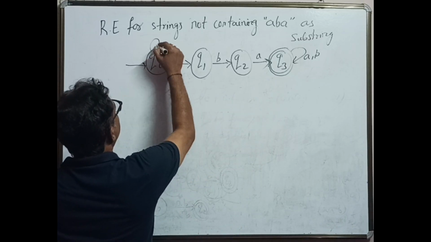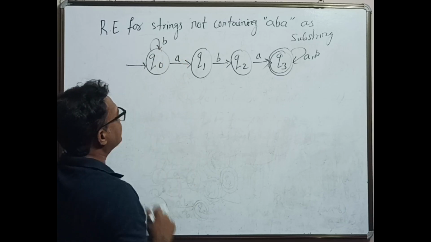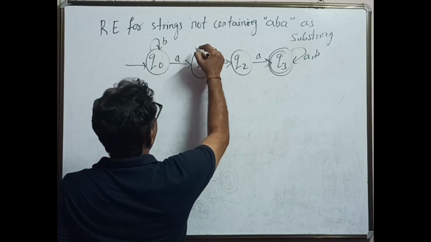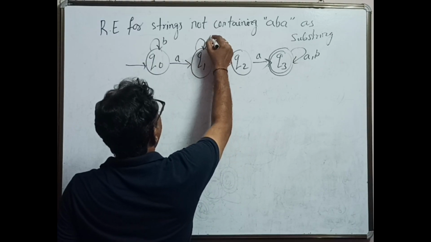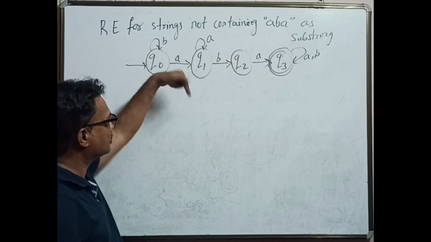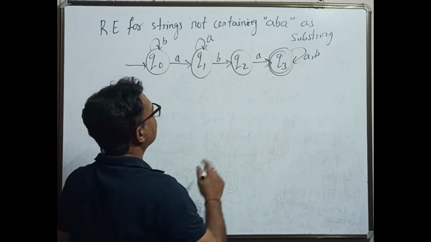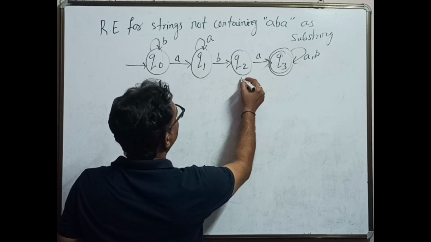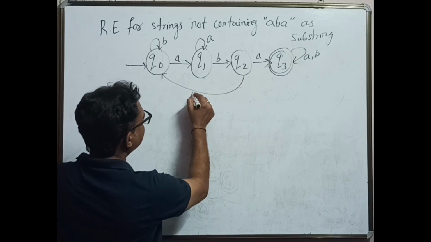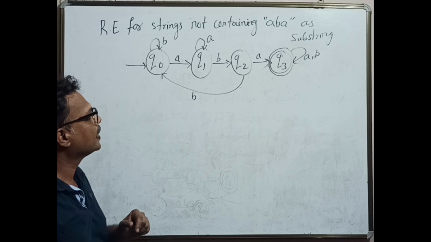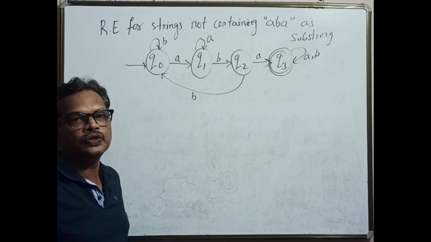Now here, upon B, it stays on the same state. Next, upon A, it stays on the same state because A, B, A. Then here, upon B, it goes back to Q0, and upon A, it goes to the final state.